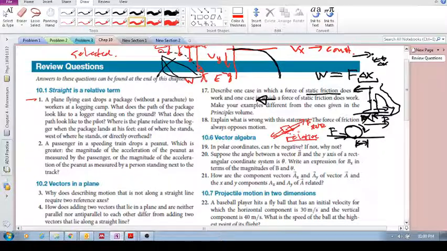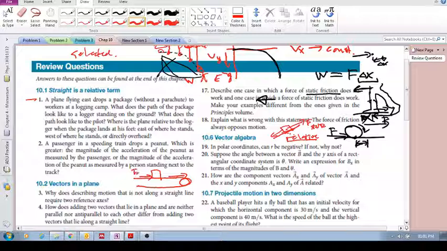So an example of where it doesn't oppose the motion is the example they give in the textbook: if you're on a conveyor belt, and the conveyor belt is moving in that direction, and there's static friction here.